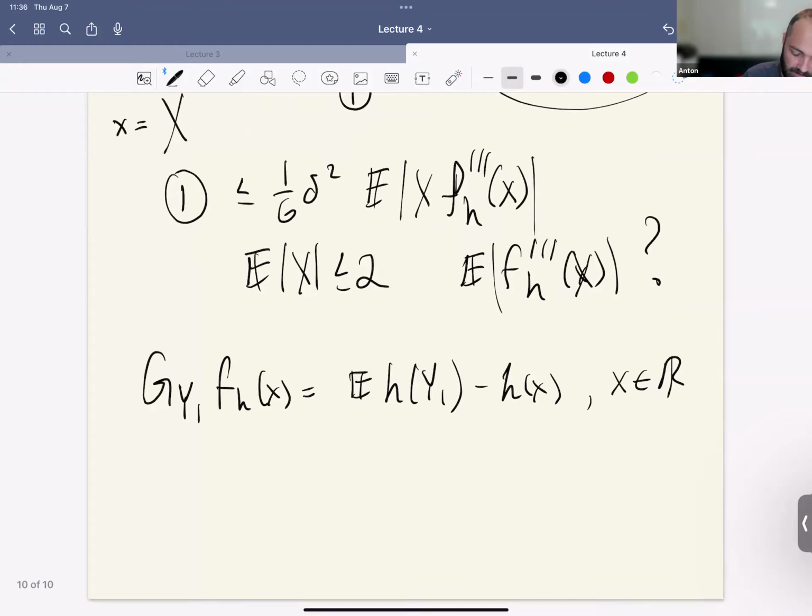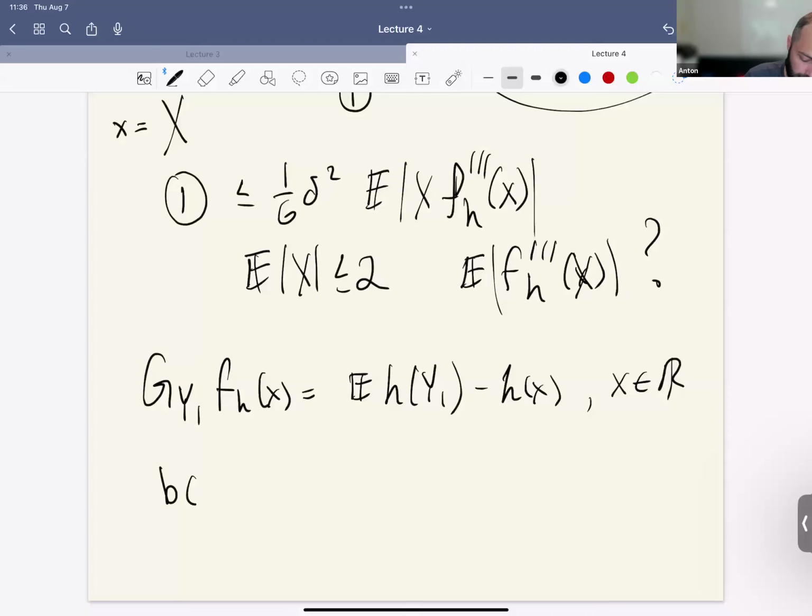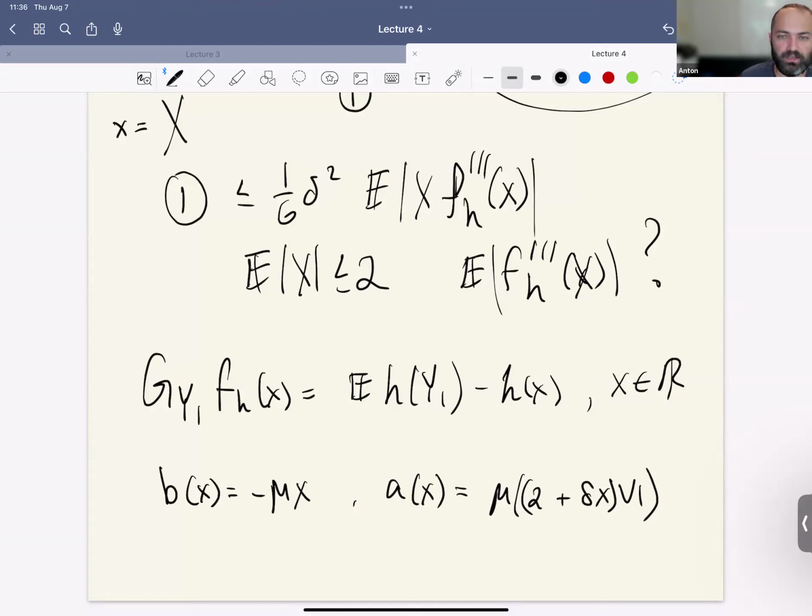But the setting here is a little bit more complicated. The drift stays the same. The diffusion coefficient is mu times 2 plus delta x. And the truncation is going to be, this is where the truncation comes in.